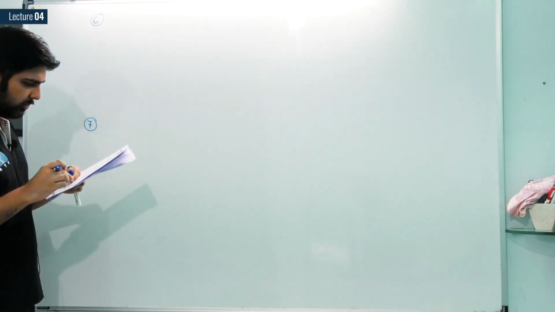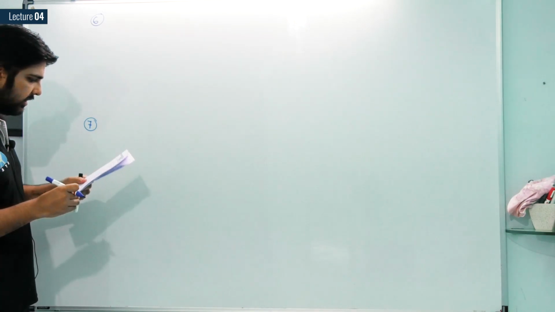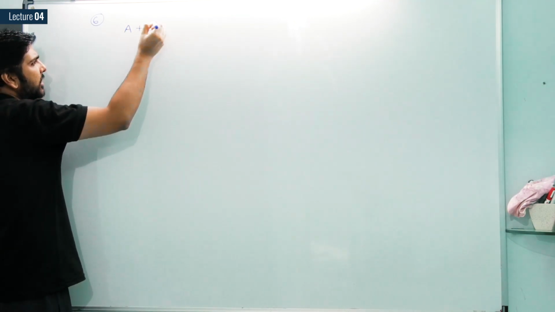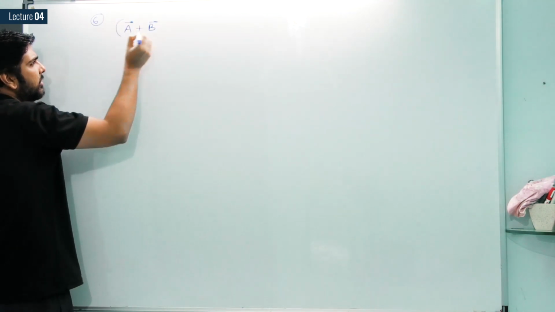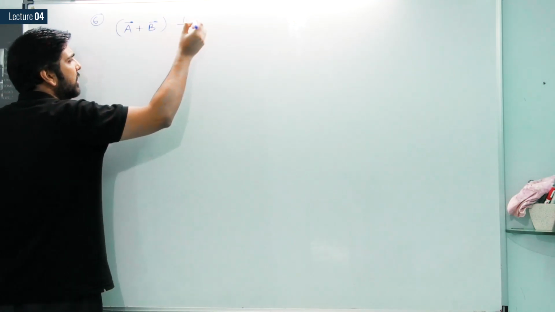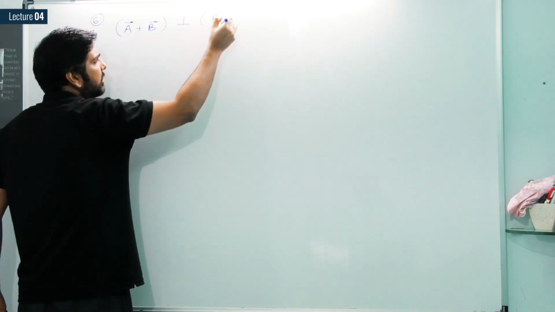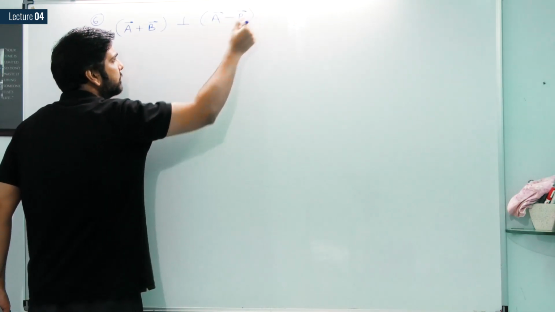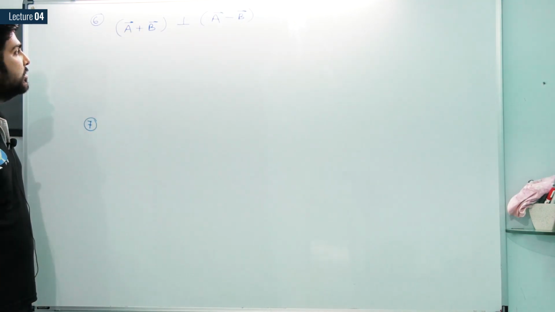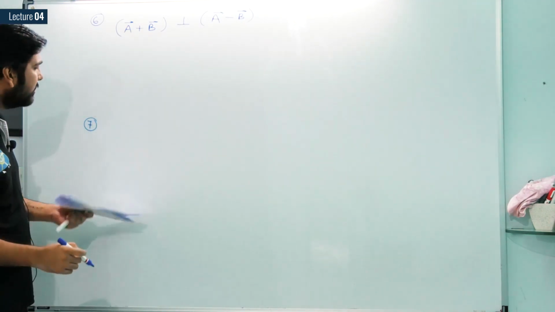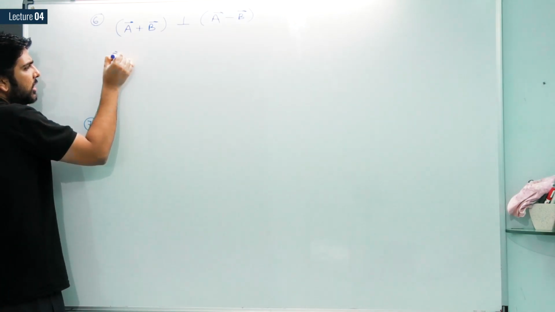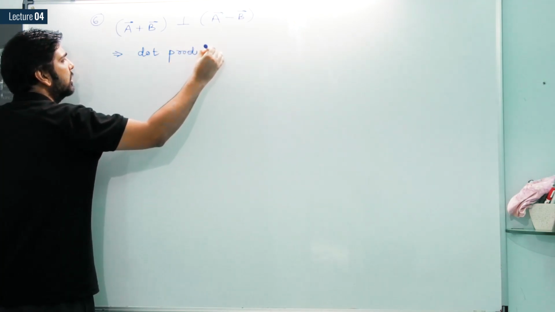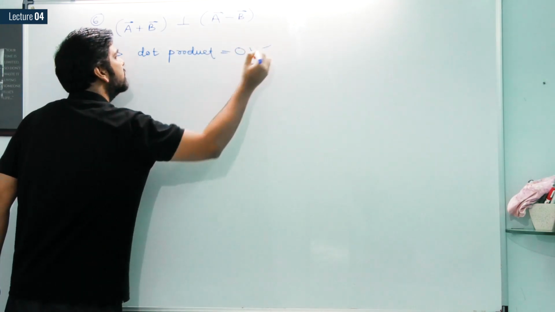I am giving you the hint. For question number 6, 2 non-zero vectors, whose A plus B, so it is the sum of the vectors, should be perpendicular to what? A minus B. Fine. If A plus B and A minus B are perpendicular, then there is no problem at all, because if it is perpendicular, its dot product should be equal to 0.